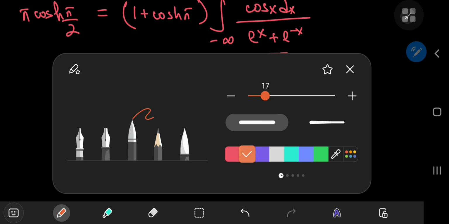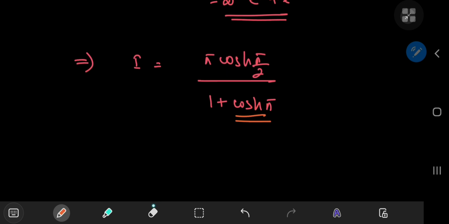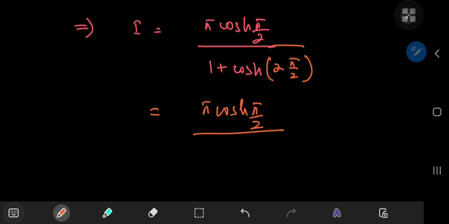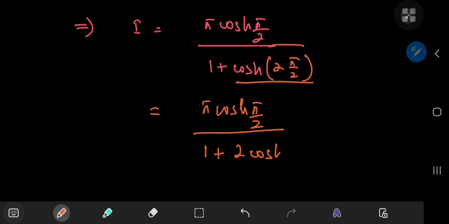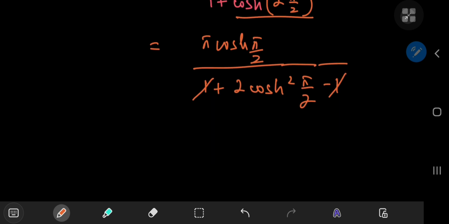In fact, we can, because you can expand this cosh pi term as the hyperbolic cosine of 2 times pi by 2, and use the double angle formula, the one for hyperbolic functions anyway. So pi times cosh pi by 2 divided by 1 plus, here you get 2 times the square of the cosh of pi by 2 minus 1, and the ones cancel out, the positive and the negative ones, and then you have one cosh up here and another one down here.